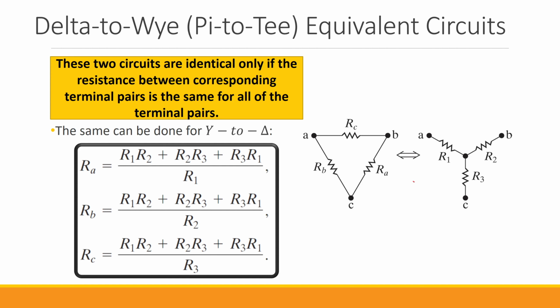So if you have a Y circuit with values of resistors being R1, R2, and R3, you can easily plug these numbers into these three equations to find the equivalent resistance for RA, RB, and RC. And when you do that, you basically converted your Y configuration into a delta configuration.